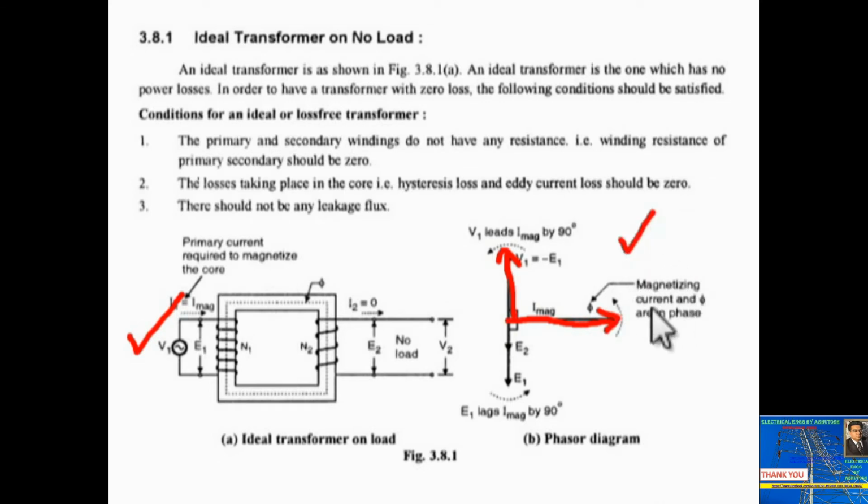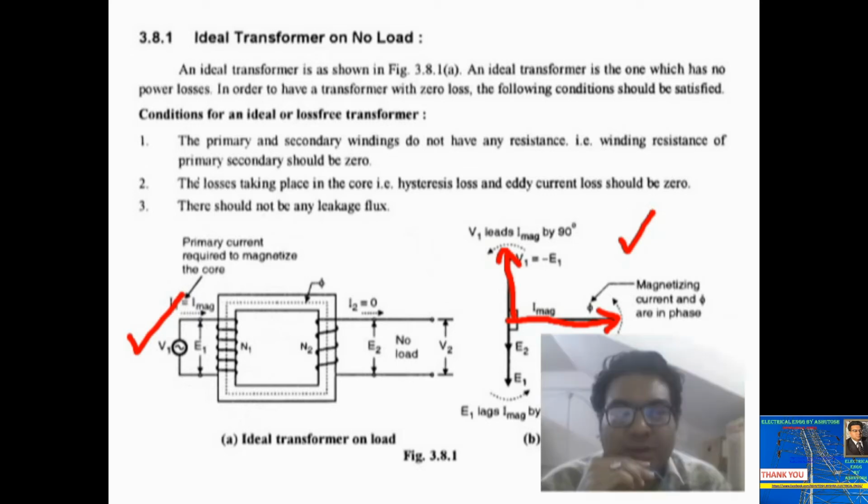Okay, this is called magnetizing current and flux. Both will be in same phase because this is purely inductive winding. Also no leakage is there. So guys, here the difference of voltage and current will be like a pure winding.